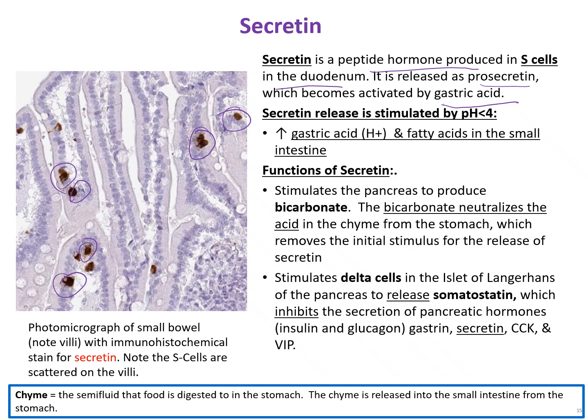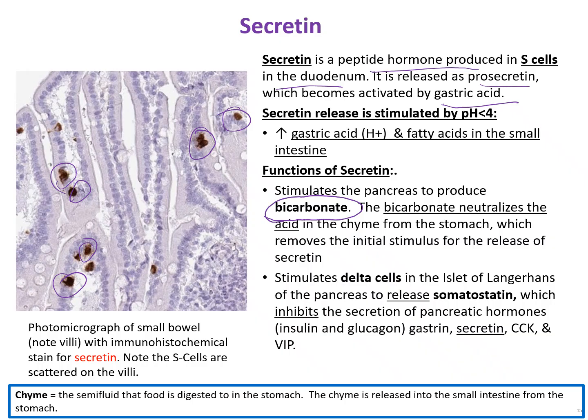The structure of secretin is similar to the glucose-dependent insulinotropic peptide, GIP, and glucagon family. It's related to the glucagon and GIP family. The major function of secretin is the secretion of bicarbonate, right? Think: the stomach is acid, but from the duodenum it is alkalized.